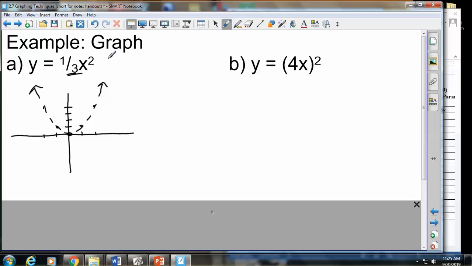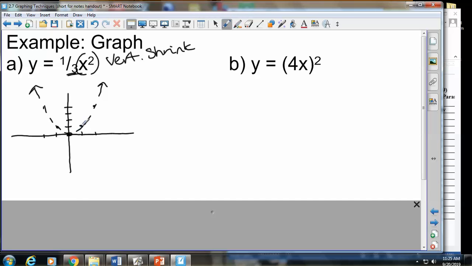What is that 1/3 going to do? Is it horizontal or vertical? It's vertical. You're going to square it first and then multiply it by 1/3. So it's a vertical. Vertical does what you think, so since it's smaller than 1, it will be a vertical shrink. So all that's going to do is take our y values times 1/3.